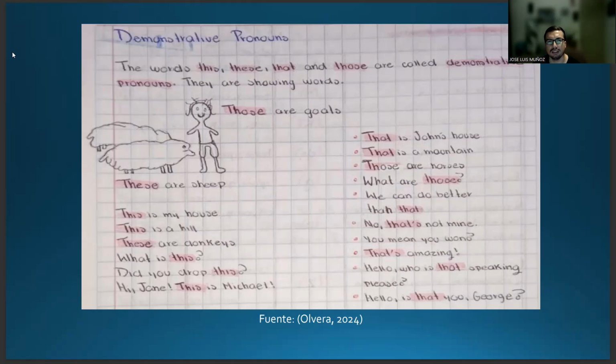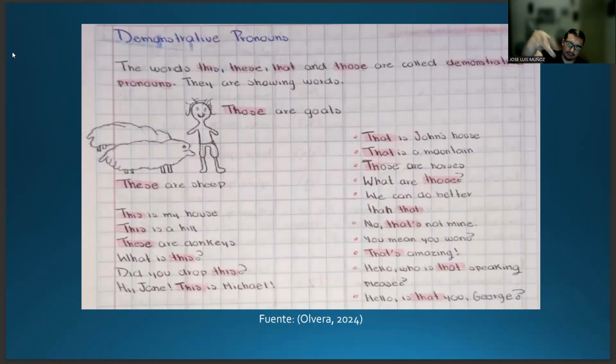The demonstrative pronouns could be these, this, that, those. Here we have the first one, those are goals. These ones are ships.